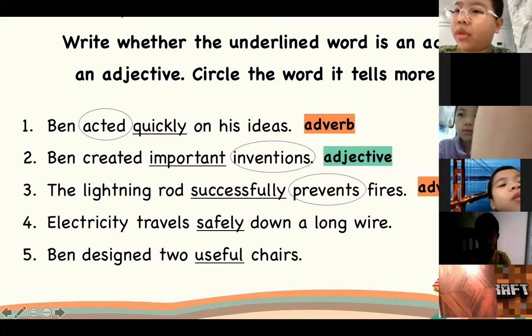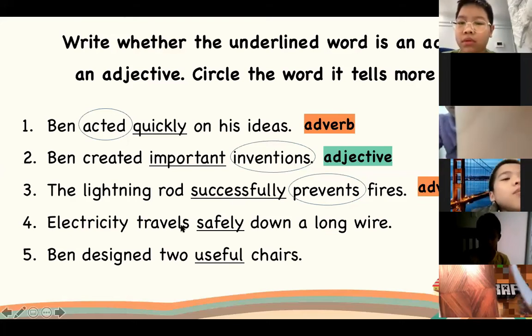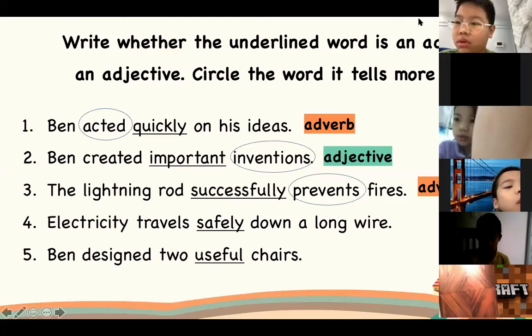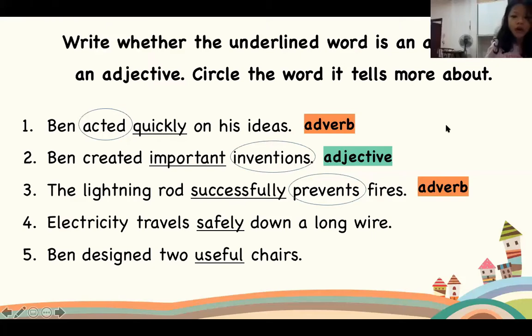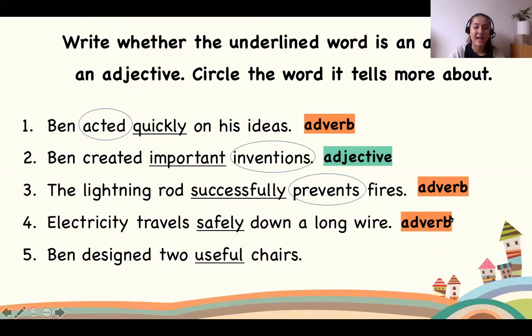Next, okay, let's go for Lucy. Lucy, can you read for me? Electricity travels safely down the long wire. Good girl. Now, can you tell me the word safely, is that an adjective or an adverb? It's an adjective. So, not an adjective, but it is an adverb. Good girl. Now, let's talk about why it is an adverb.